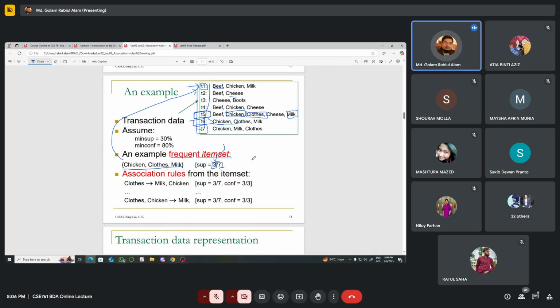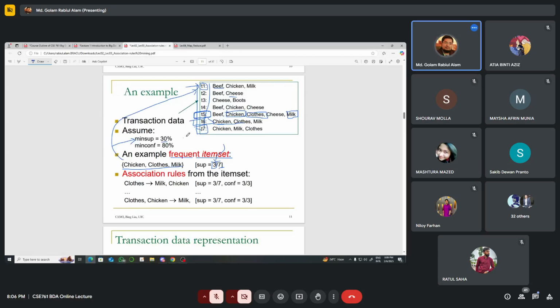We call it a frequent item set if it passes the minimum support threshold. If we consider the minimum support threshold to be 30, that means 0.3.